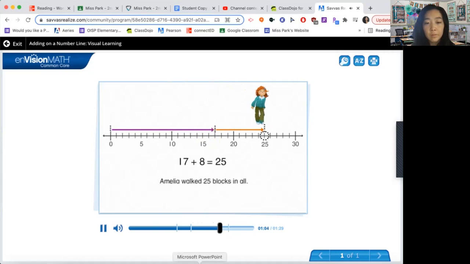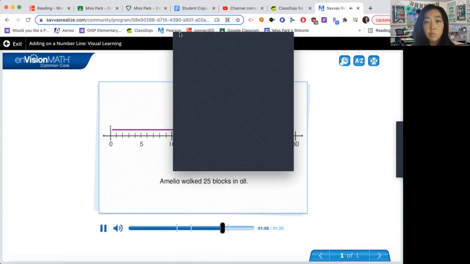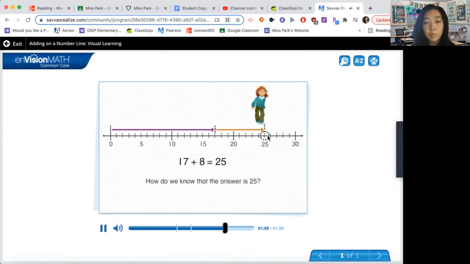Amelia walked 25 blocks in all. How do we know that the answer is 25? The 2 lines together stretch to that space. They end right on the mark for 25. So we know Amelia walked 25 blocks.